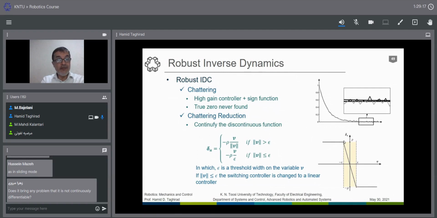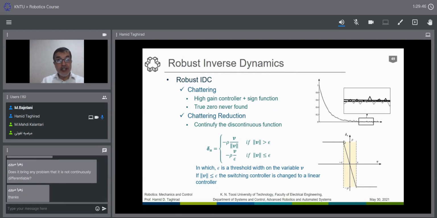You can even use some fuzzy rules to continuify here. You have some fuzzy membership functions, and then just use them. There are so many other methods, and of course, in sliding mode control and nonlinear controller design, there are many different ways to implement such a controller in real practice.